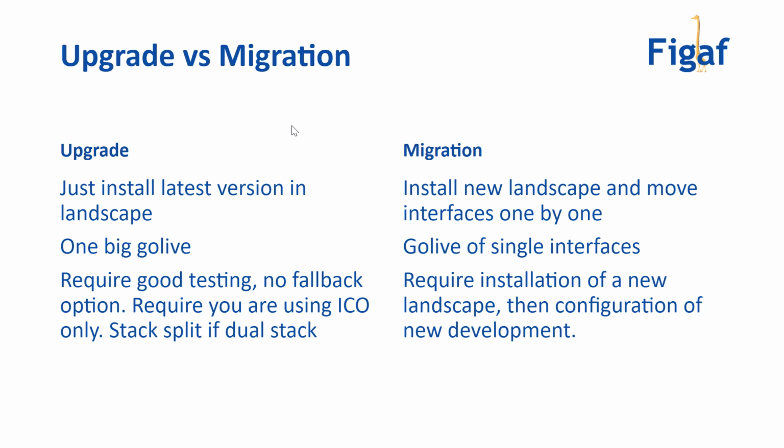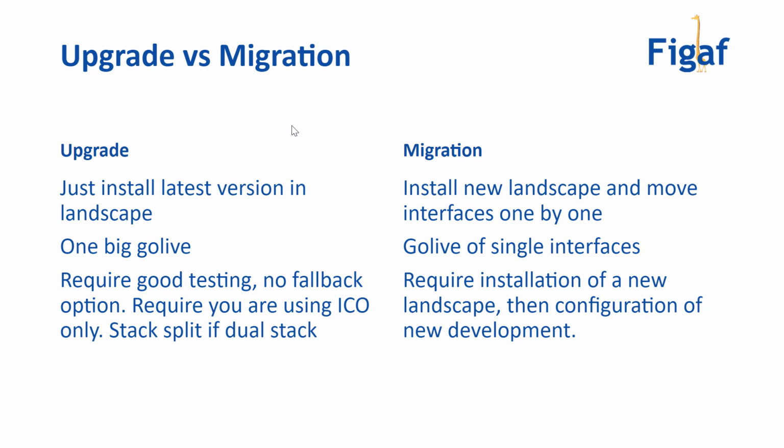If you are on a dual stack PI system and are using both parts, you can obviously upgrade to 7.5. What it means is that there will be a stack split, and in some cases you'd be able to delete the ABAP stack once you have migrated all of those to the ICO based approach, and that's one way to do it.